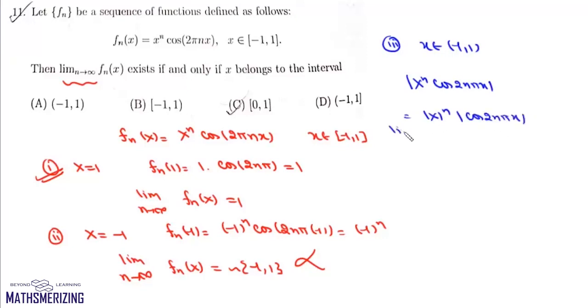And if we take this limit n tends to infinite, now this is an oscillating value from 0 to 1, and since mod x lies between 0 and 1, this is 0. Now 0 into anything finite is simply 0. In this case also, this limit exists. So this limit will exist if and only if x belongs to the interval where minus 1 is not included and 1 is included, and that's your option D.